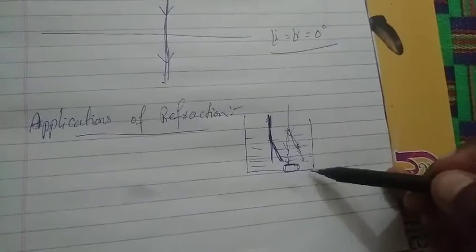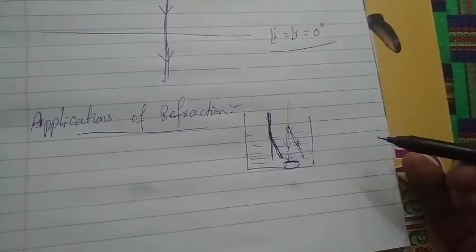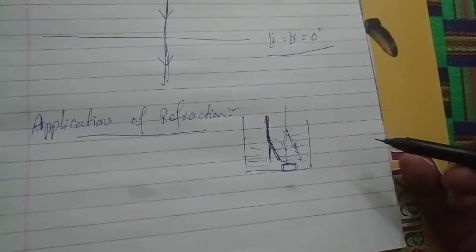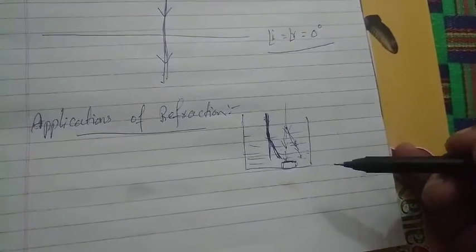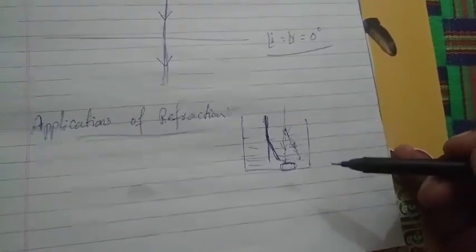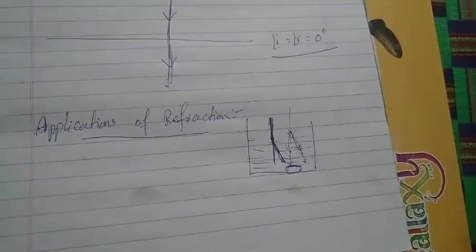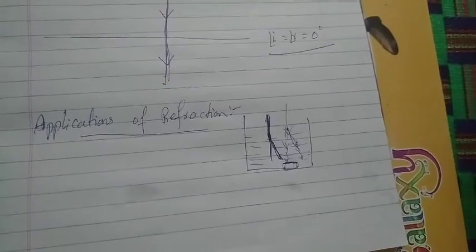And even at the bottom it appears at another place, not where it actually exists. Where it actually exists, we cannot feel it. We feel it is existing in another place. So this is also due to refraction.